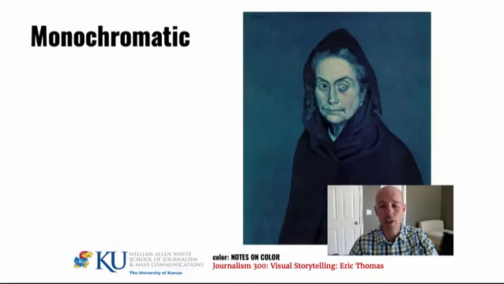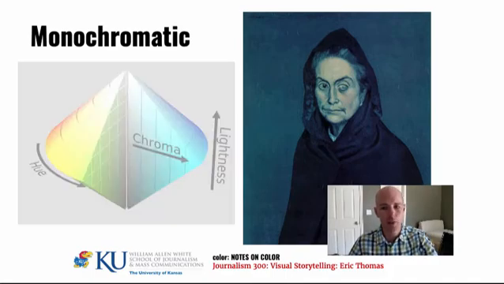Some artists like Picasso and others have gone through periods where they just work with one chroma, where they just work in one color, and they take their paint and use it from its lightest expression to its darkest expression. Those are monochromatic color schemes.